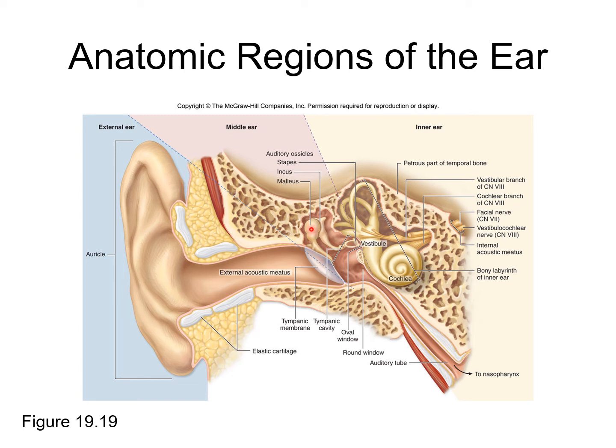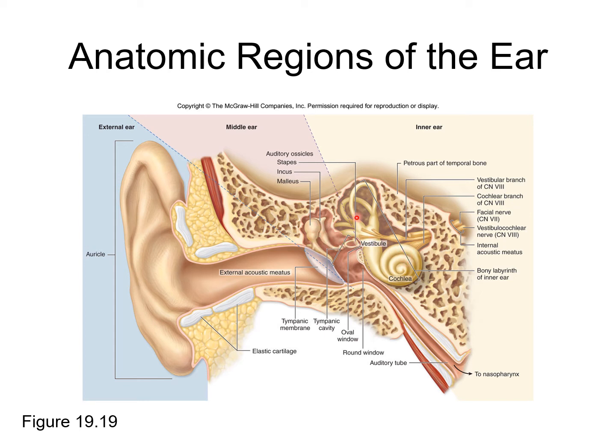The first one that will vibrate is the malleus, then the incus, and then the stapes. If those three ossicles do not vibrate, that can cause problems and it can cause deafness. We are going to zoom in later on those three bones and talk a bit more about them.